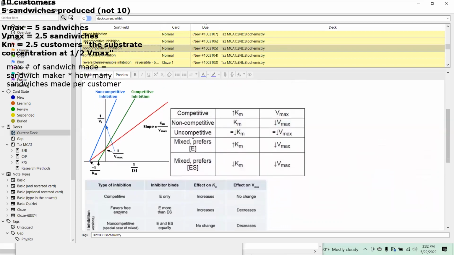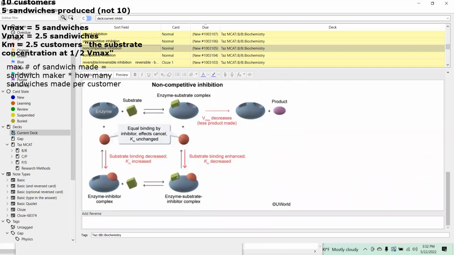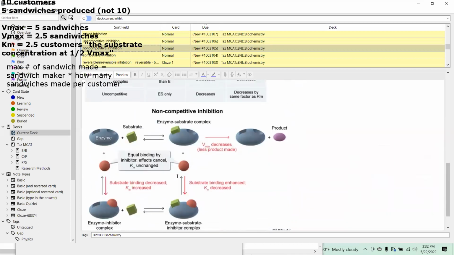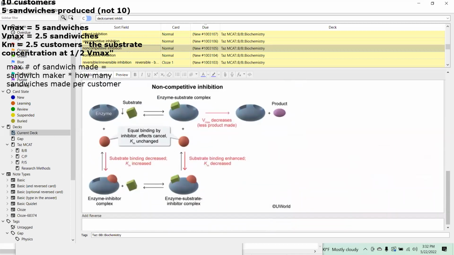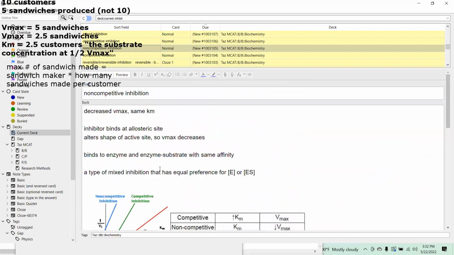And then we have non-competitive inhibition. Non-competitive inhibition has some specific details that you can dig into, but essentially it can bind either way, I think. Wait, is that what it is?